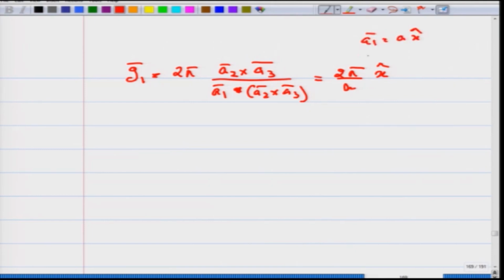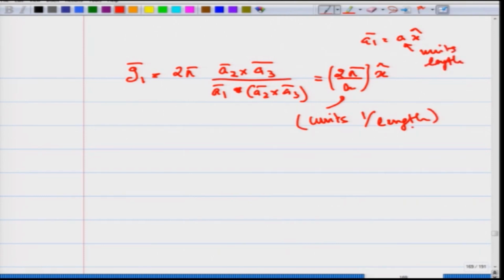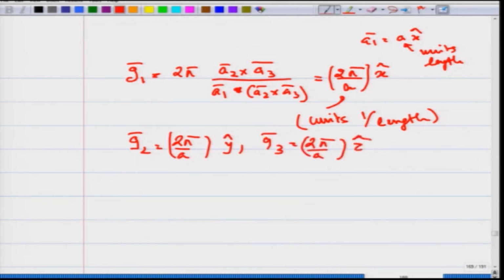So, G1 is along the A1 direction, but whereas in the real space A1 is A, the reciprocal space vector has units of 1 over length. The real space has units of length, the reciprocal space has units of 1 over length. Similarly, G2 will be 2 pi by A y cap and G3 will be 2 pi by A z cap.